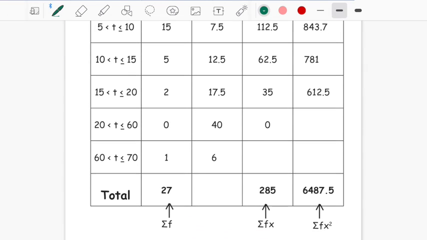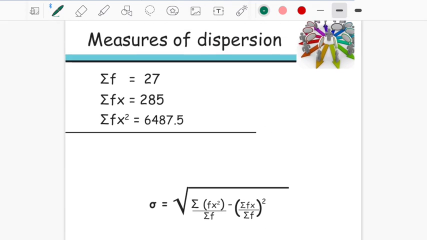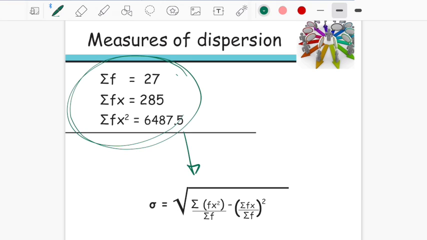Now let's say I did all and I got all the 3 values that I'm looking for. What do I do next? Taking all the 3 values, I will punch them in the equation I have. So this is the equation that I'm going to use to find SD. First value here, put this in here.